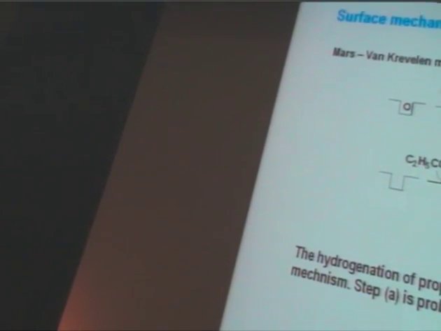We tested this using in situ TGA. So the results are shown here. We did observe weight loss on catalyst reduction by hydrogen at 340 degrees C, as demonstrated here.